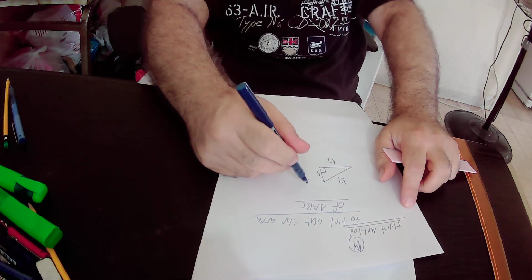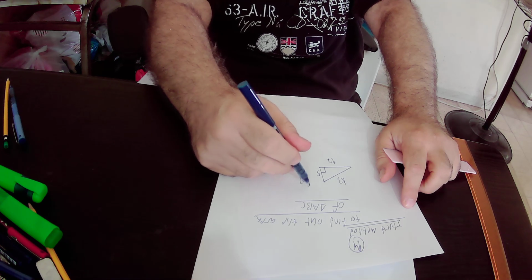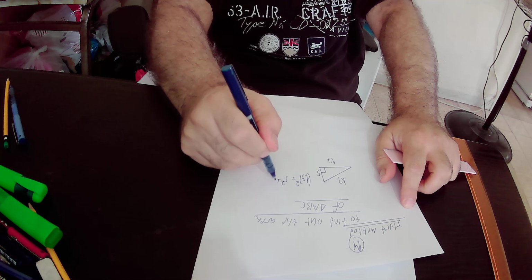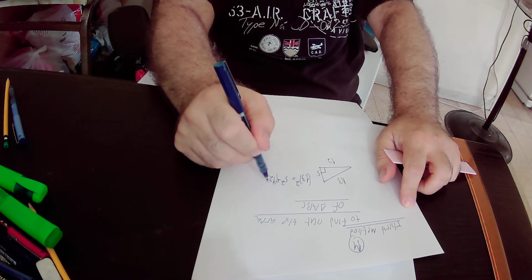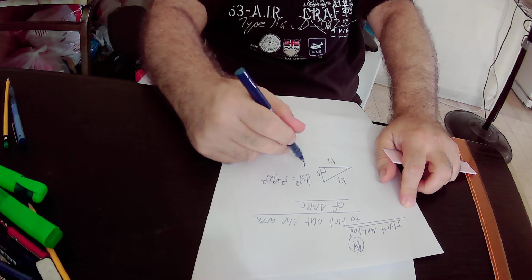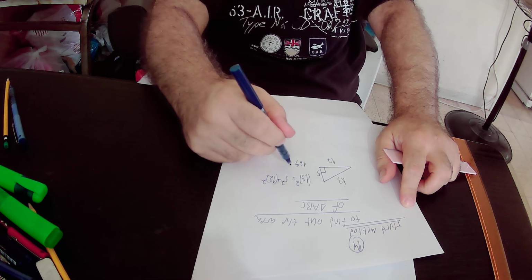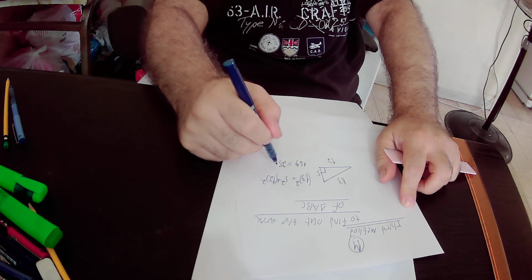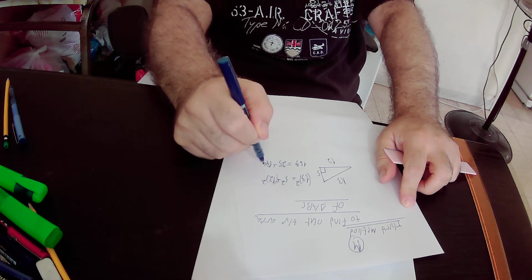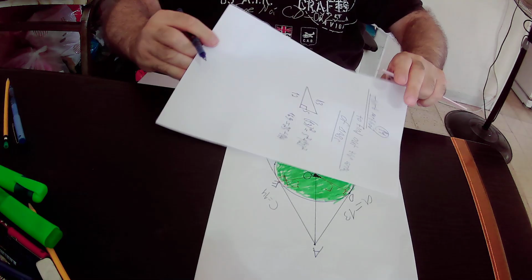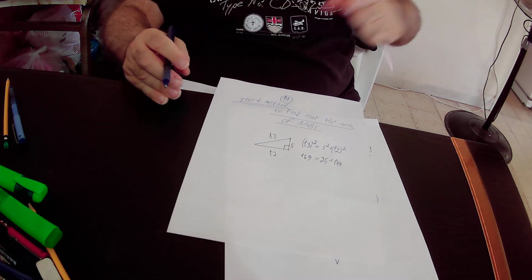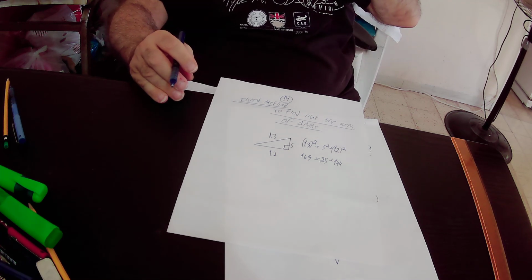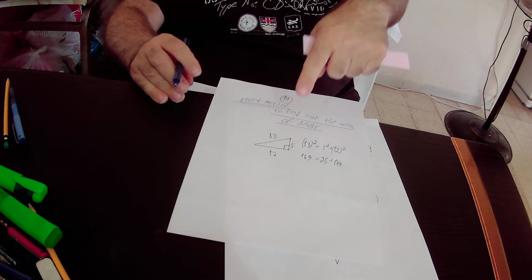So we will check if 13 squared equals 5 squared plus 12 squared. 13 squared is 169, 5 squared is 25 plus 12 squared is 144, and indeed 25 plus 144 is equal to 169. So this is a right triangle.